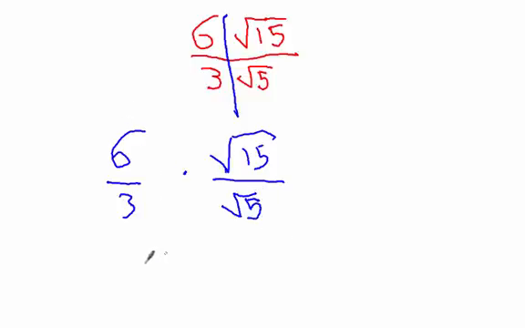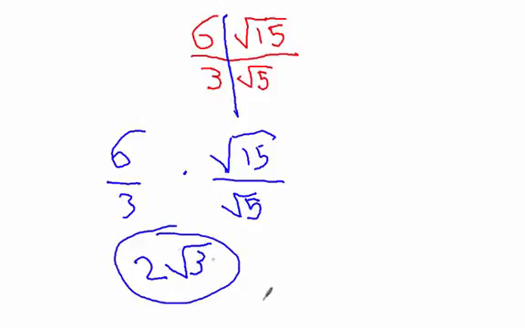Well, 6 divided by 3 gets us 2. Square root of 15 divided by square root of 5. 15 divided by 5 is 3. Square root of 3. No simplifying to be done in here. 3 is a prime number. So that's our answer. 2 times the square root of 3.